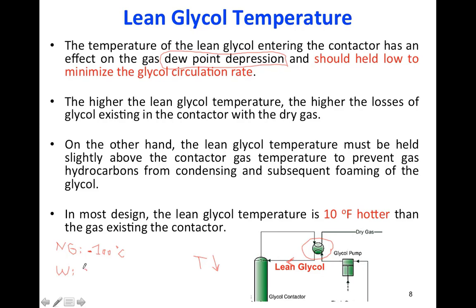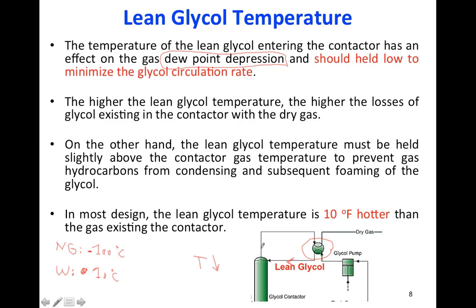Water will be condensed, let's say, at which temperature? If you are talking about one atmosphere, water will be condensed at, I don't remember the exact number, but let's say, I don't know, like 10 degrees C, something like that.